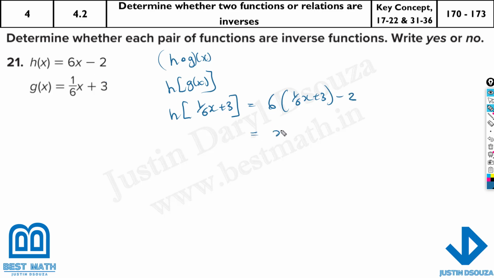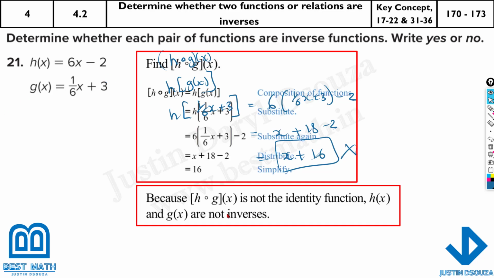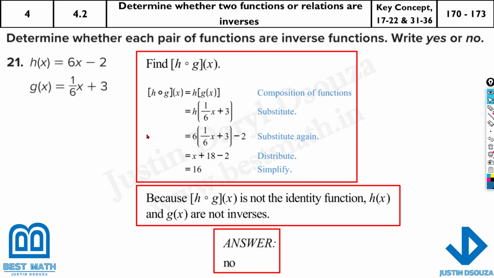So here it'll be x plus 6 times 3 is 18, minus 2, and here you can see it is x plus 16. So no, this is not inverse of each other, because your plus 3 over here and minus 2 doesn't make sense, right? So no, they're not inverses. Now here it is x plus 16. And you can even try the other way around. It will not work, but you can just stop. When one is not inverse, just stop and say no.